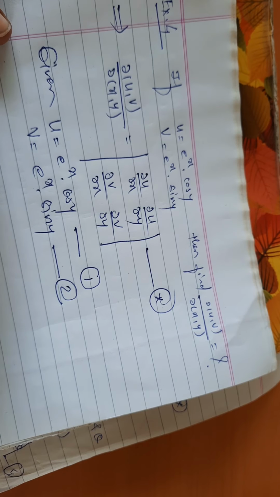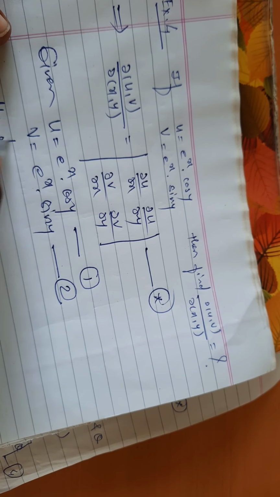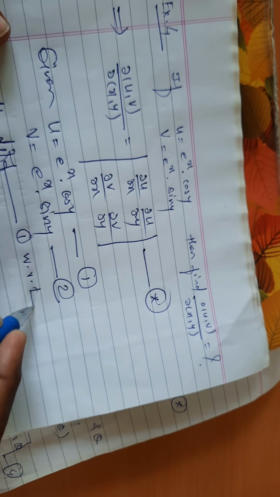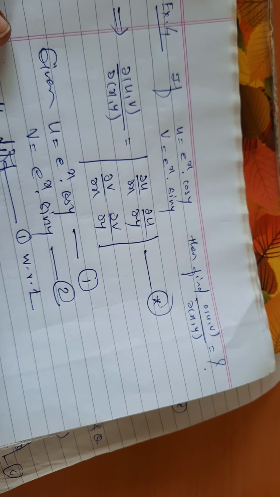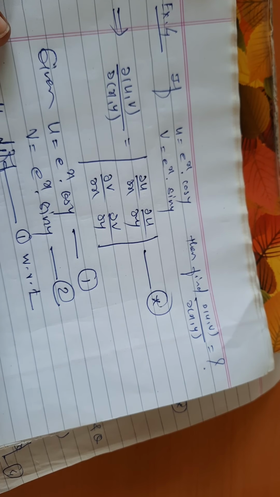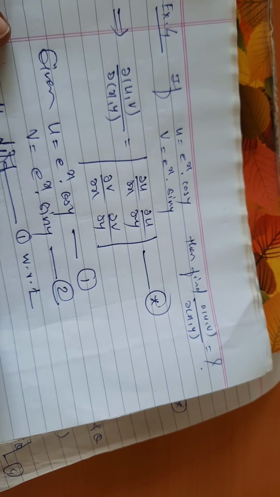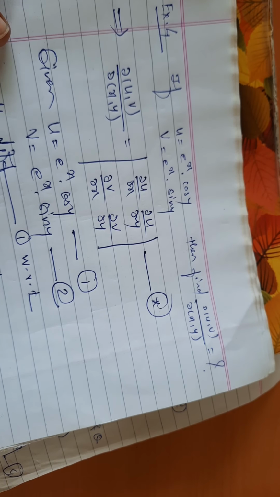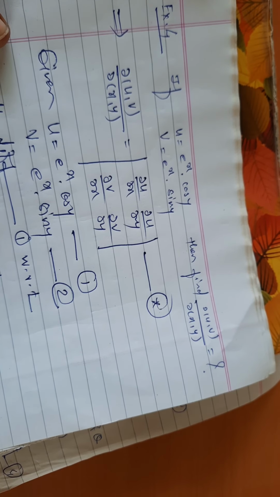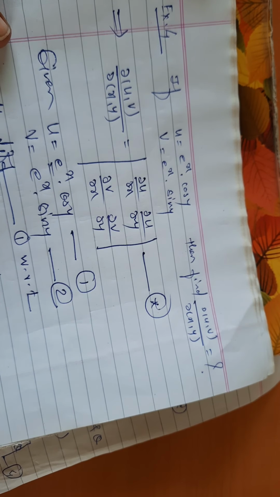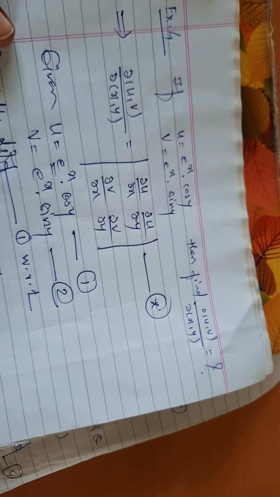Partially differentiating 1 with respect to x, keeping y as a constant. Partial u by partial x is e raised to x, the derivative of e raised to x with respect to x, cos y as it is.